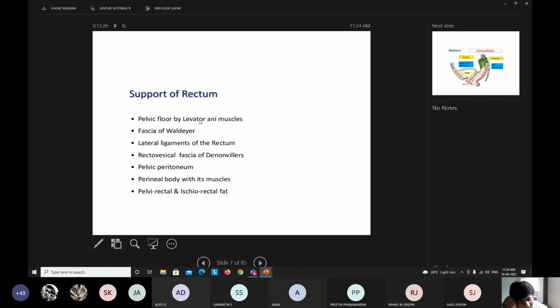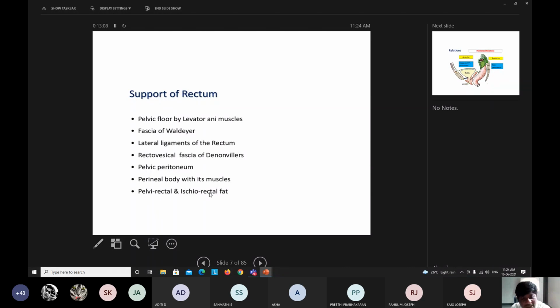Support of the rectum. Which structures support the rectum? It is supported by the pelvic floor, by the levator ani, a very important muscle which forms many sphincters. Also Waldeyer's fascia, the lateral ligament of the rectum, Denonvilliers' fascia, the pelvic peritoneum, and the perineal body, which gives attachment to 10 muscles, plus the pelvirectal and ischiorectal fossa or ischiorectal fat.